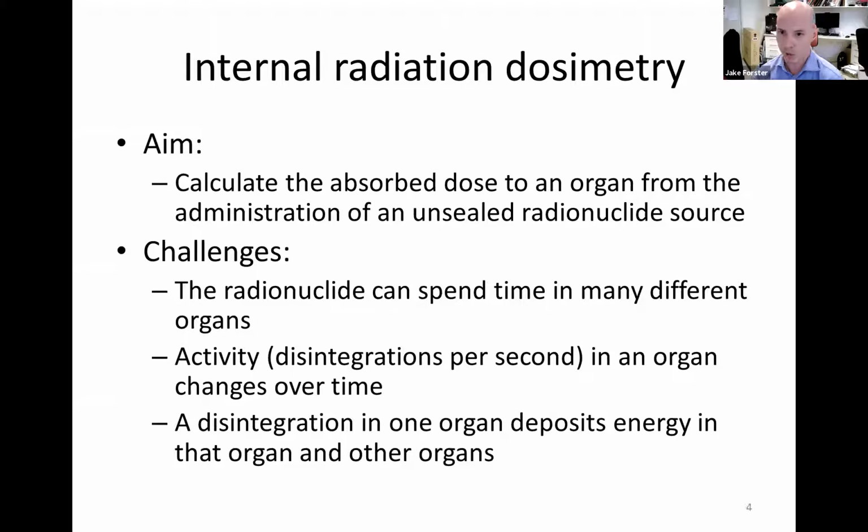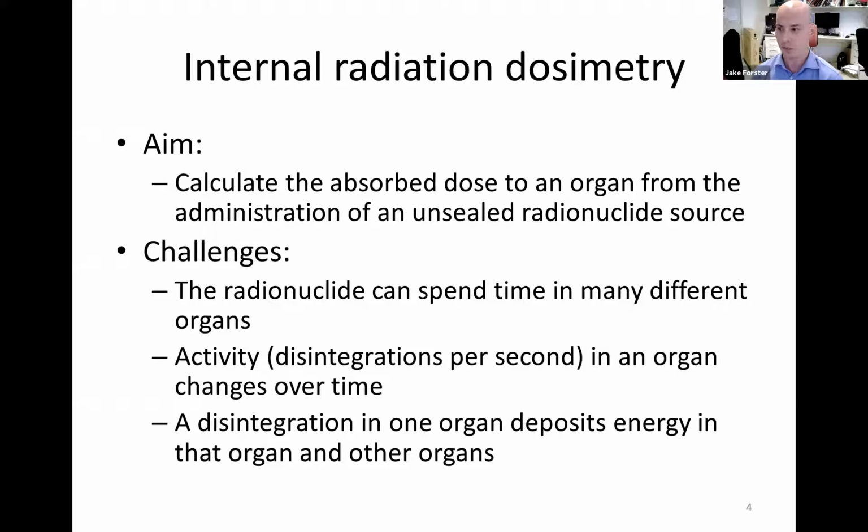So in internal radiation dosimetry, the basic aim is to calculate absorbed dose to organs from the administration of an unsealed radioactive source. If you think about how you might approach this problem, there's a few challenges that might jump to mind. One would be that the radionuclide can spend time in many different organs.